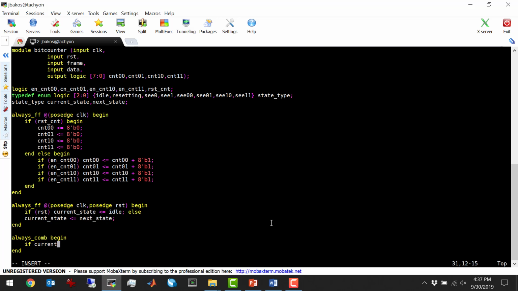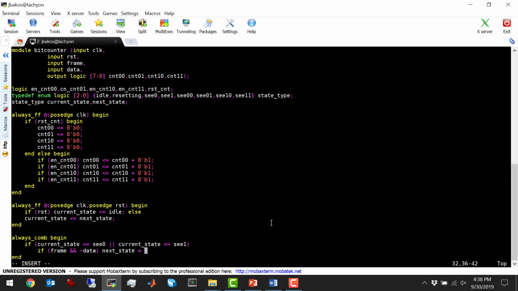So I'm going to say if current state equals C0 or current state equals C1, then I'll say if frame and not data, then next state.